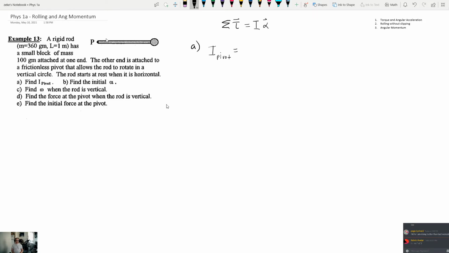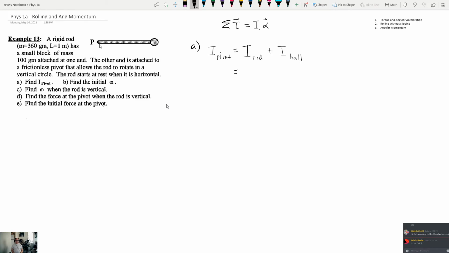So we just need to think of it as a moment of inertia for the rod plus the moment of inertia for that ball that's at the end. The problem says a block, but we'll just call it a ball. Moment of inertia is a scalar, so we can add it together like this.